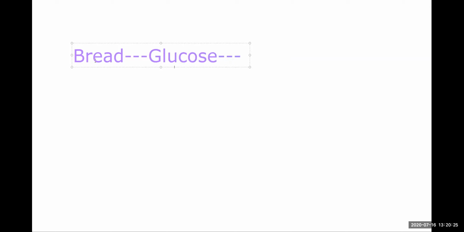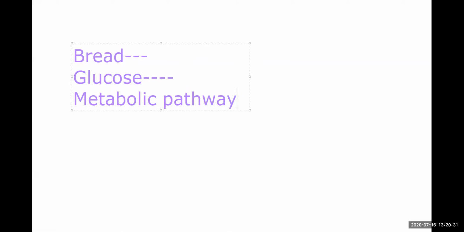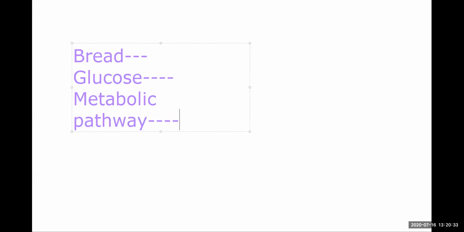And then glucose enters the metabolic pathway. And when glucose is completely digested, this glucose generates 36 ATP molecules.